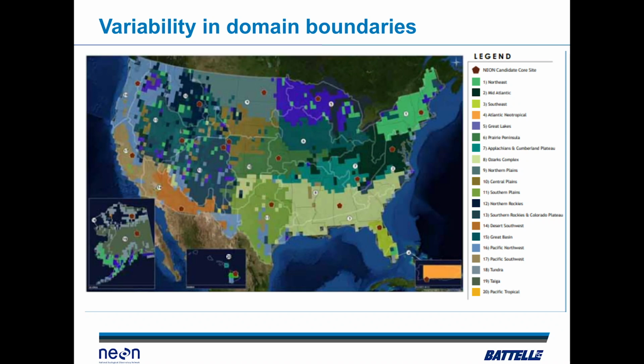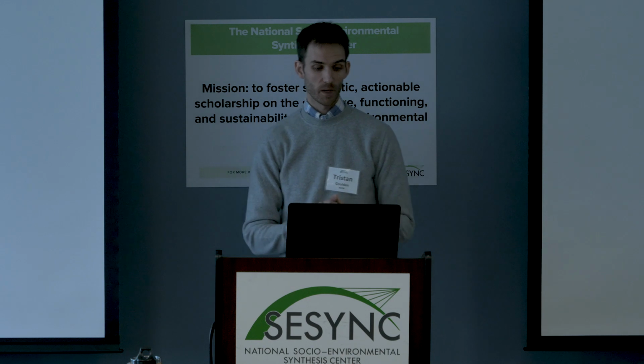So what this map shows you is when we then define these different 20 domains from the data, you see that you don't see those nice clean boundaries that we show you in those NEON maps. There's some variability within those domains. So not all the regions within each one of those domains exactly match that point in space that we've used to represent the domain.